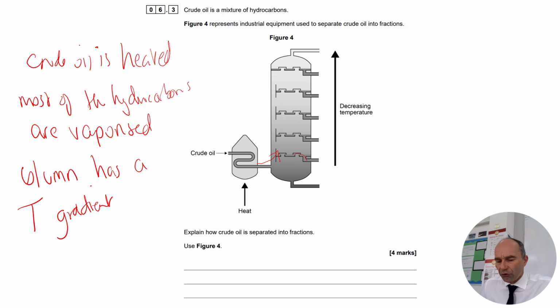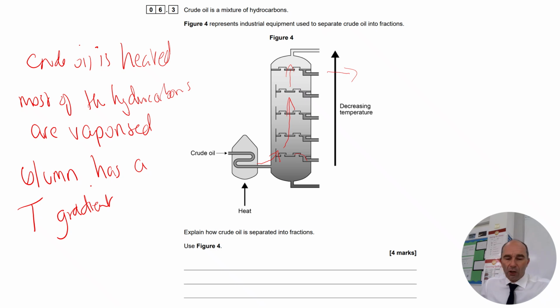And then the shorter hydrocarbons, the ones with the lower boiling points, move further up the fractionating column until they condense at their particular boiling point or condensation point, and then the fractions are just run off.